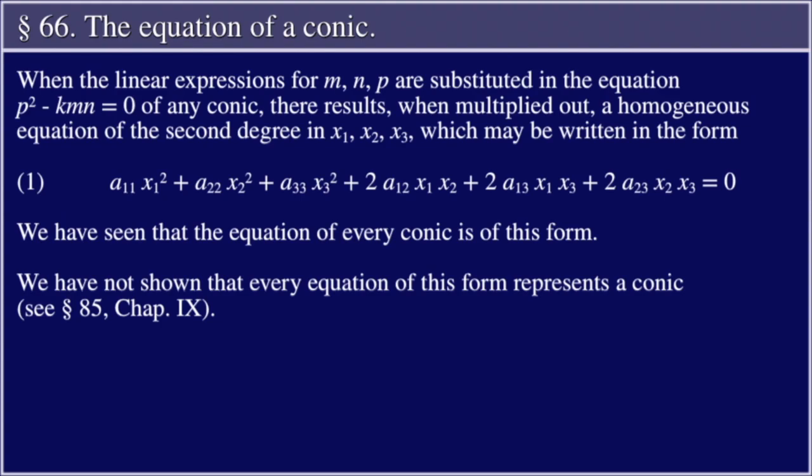We have seen that the equation of every conic is of this form. We have not shown that every equation of this form represents a conic. See Section 85 of Chapter 9.